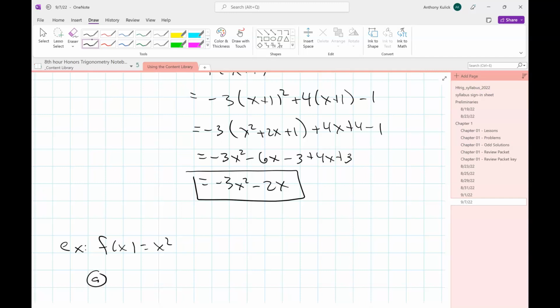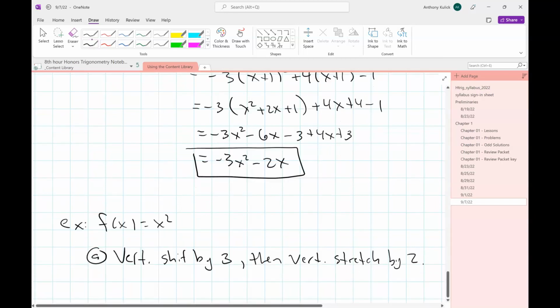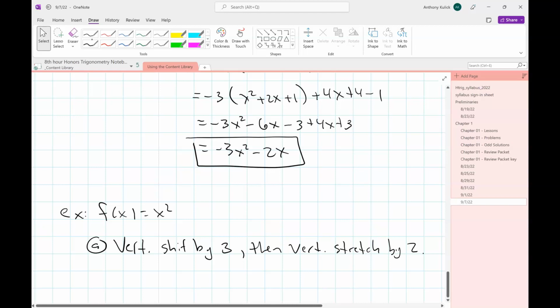And then we do a vertical shift by 3 and then a vertical stretch by 2.